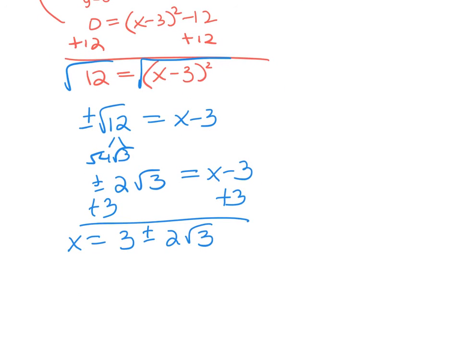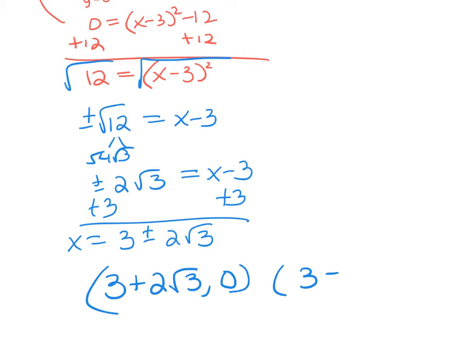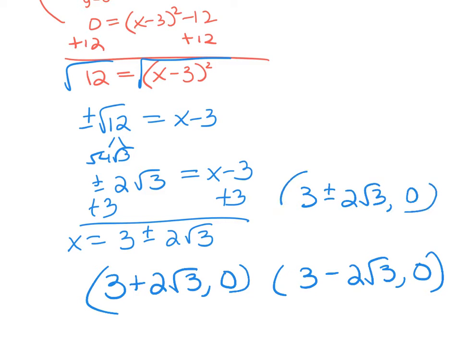Now, if you think about this, this plus minus means I have an x-intercept at 3 plus 2 radical 3, comma 0, and 3 minus 2 radical 3, comma 0. These are my 2 x-intercepts. Now, if on the quiz you just want to write it like this, that's fine.